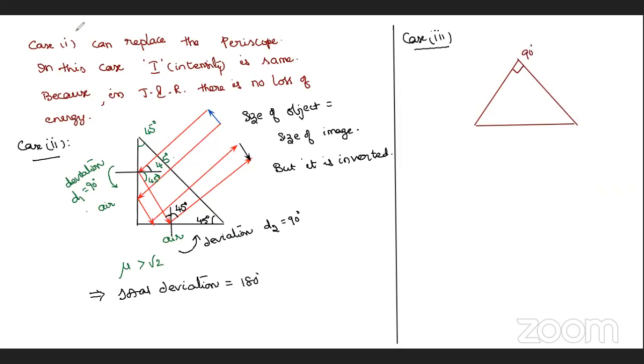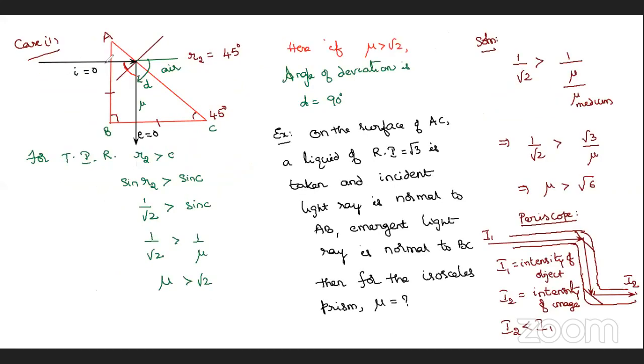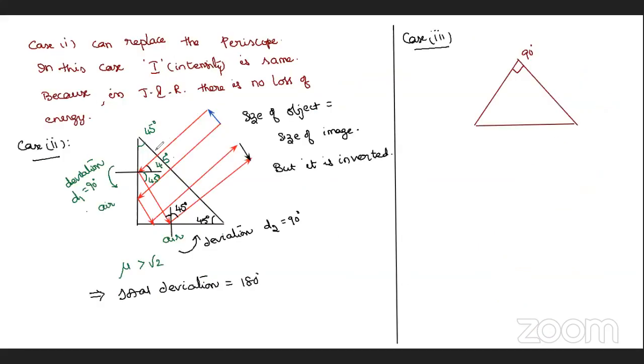Okay. But this time you observe in the two previous cases, case 1 and case 2, either on side or on hypotenuse, the incident light ray is incident normal to the surface, means angle of incidence is 0 in both the cases.